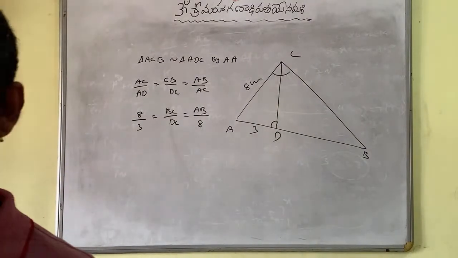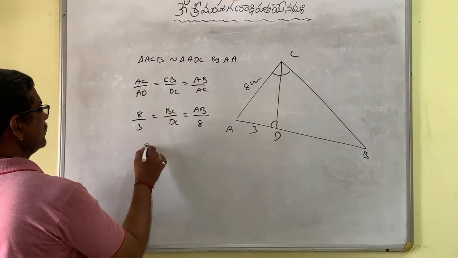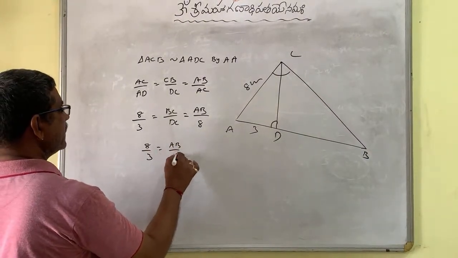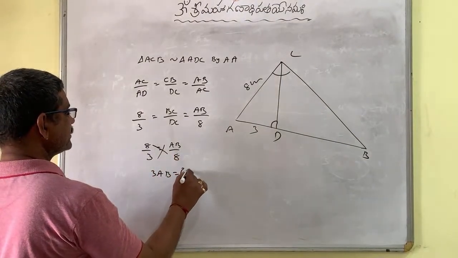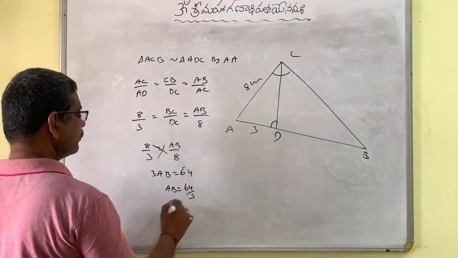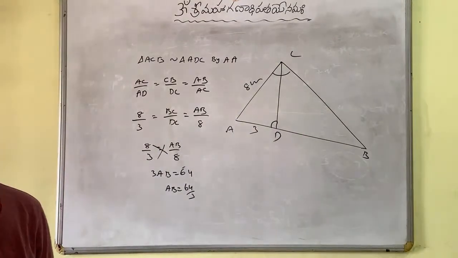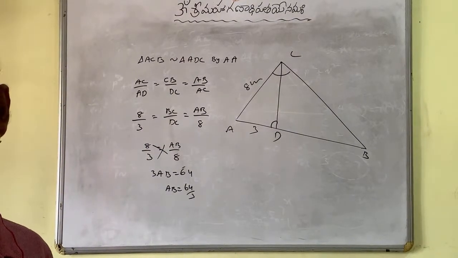Now from this we can find that 8 by 3 is equal to AB by 8. Cross multiply: 3 AB is 64, so AB is 64 by 3. But what do we have to find? Actually, we need to find the BD value.